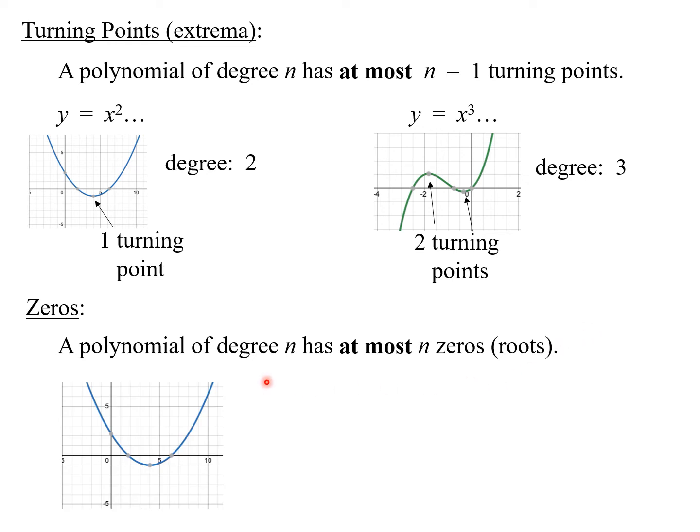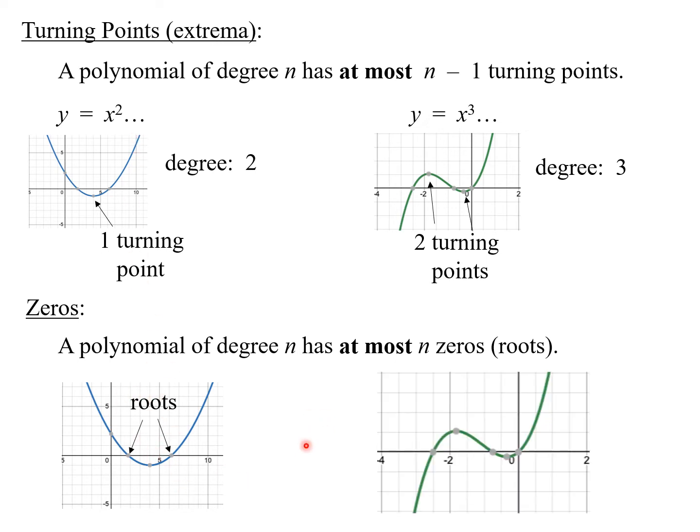If we're talking about a parabola here, the roots are where it crosses the x-axis, and that's 2. So this is an x squared function, and it has 2 roots. A cubic type function has 3 roots, there, there, and there. So it can have at most 3 real roots in this case, or of degree n real roots. And we're not going to deal with complex roots in this section, just real roots.